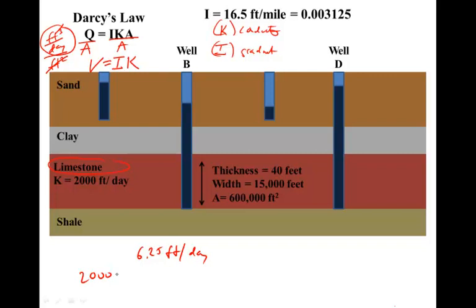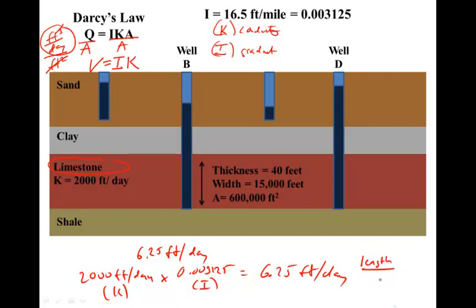Again, that was given by 2,000 feet per day, conductivity, times gradient, 0.03125, unitless, equals 62.5 feet per day. Again, we now have units of length over time rather than volume over time, which is an appropriate unit for velocity.